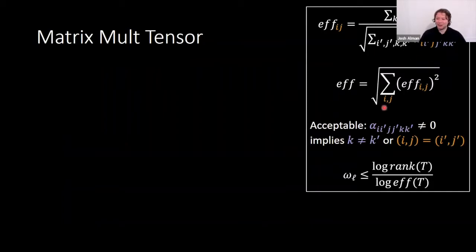The efficacy of the whole tensor is the L2 norm of the entry efficacies. It's acceptable if whenever the coefficient's non-zero, then either k is not k prime or ij is i prime j prime. And the bound you get at the end is the log of the rank over the log of the efficacy of the tensor. Okay, so let's start with the q by q by q matrix mult tensor.